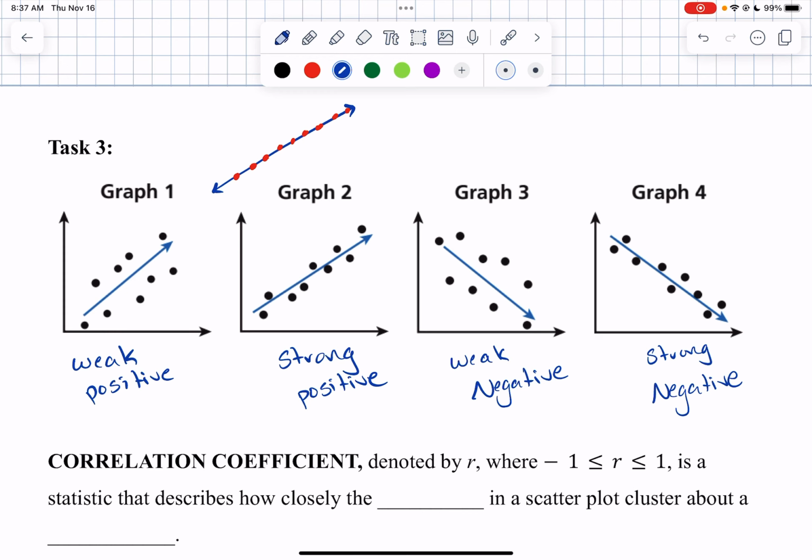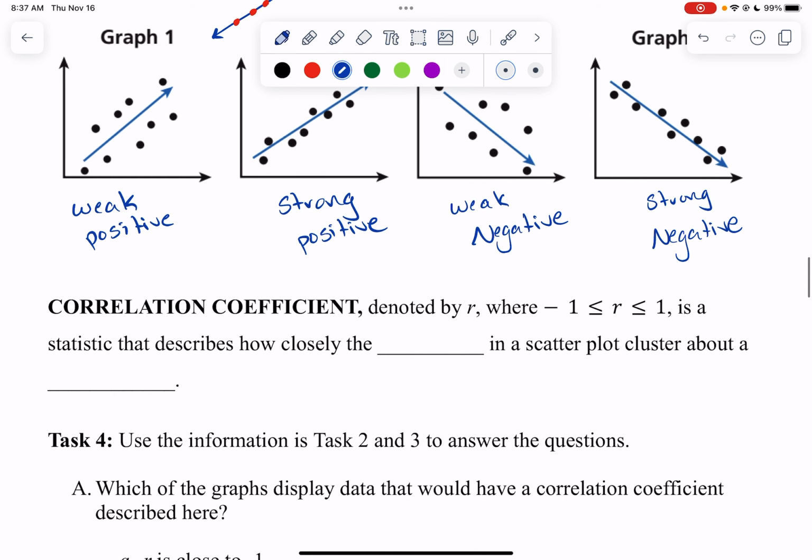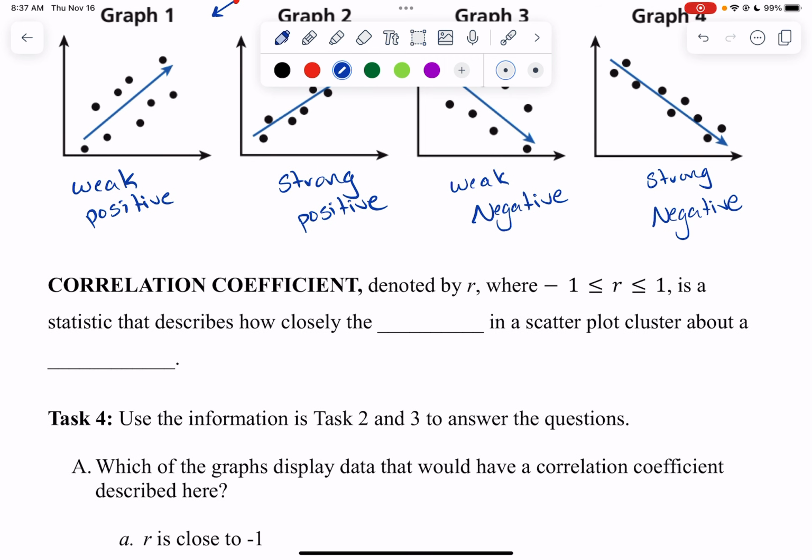Okay. So here we are going to start talking about giving that correlation coefficient, which is basically a number value. The correlation coefficient is the number value used to describe its strength.